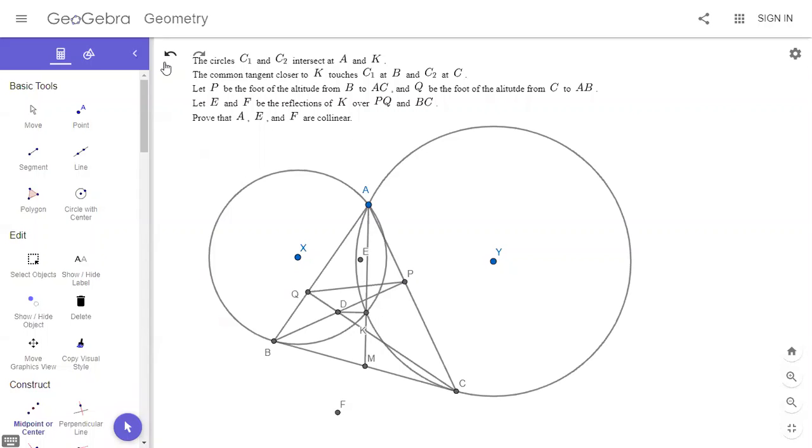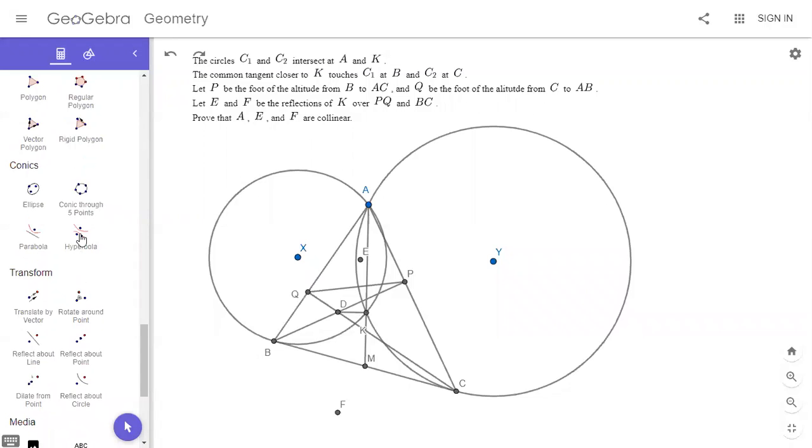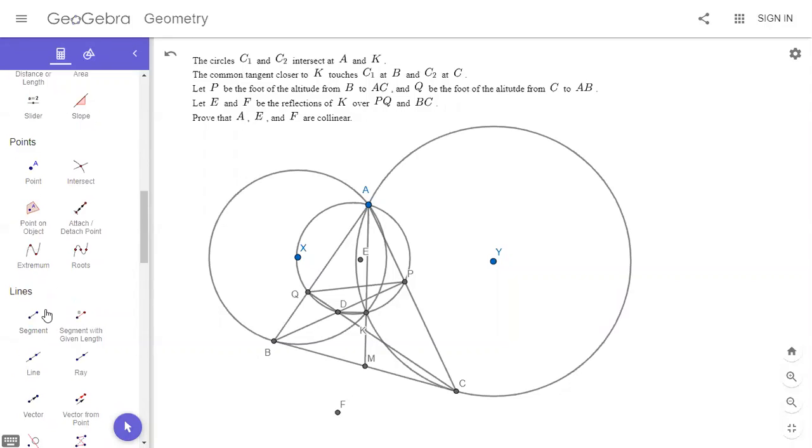I think we can use QM equals MP because there are right angles at Q and P, and M is the midpoint. So QM is equal to MP, and not only that, they're actually both tangent to the circle through all these points. So X doesn't actually lie on that circle, but all these other points do. So MQ and MP are equal, and they're actually tangent to the circle.